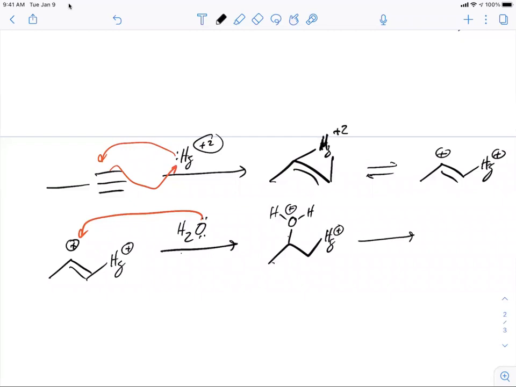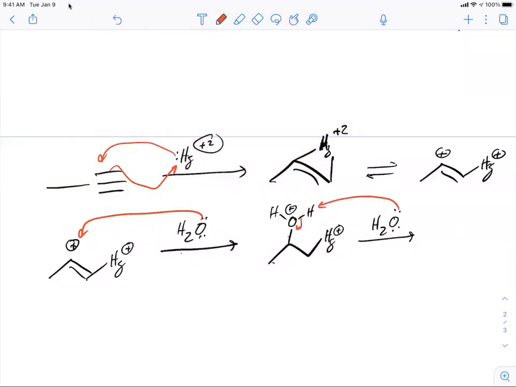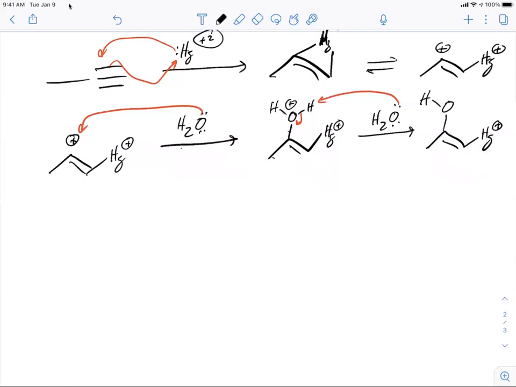And then we get proton transfer. So proton transfer picks up this proton. It gets us to our mercury. Oh, don't forget my double bond. Right, now I'm going to start over here. So instead of turning the corner, I'm going to start on a new line. Remember, we still have acid and water.